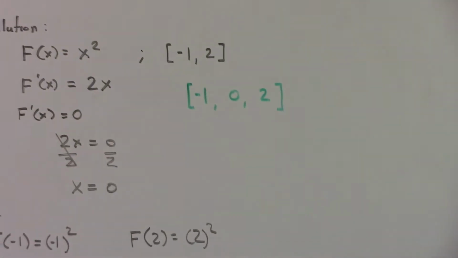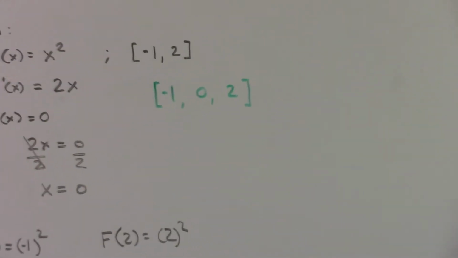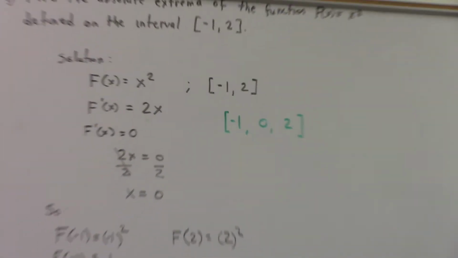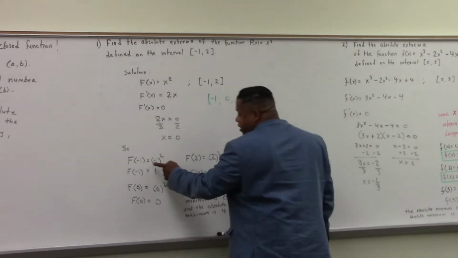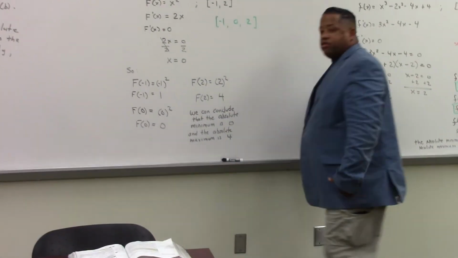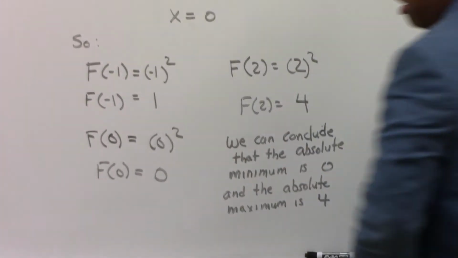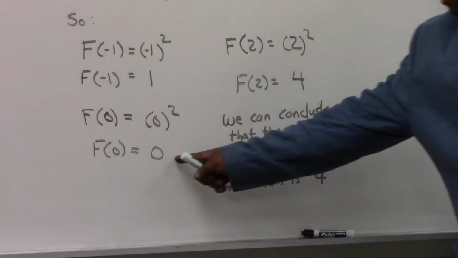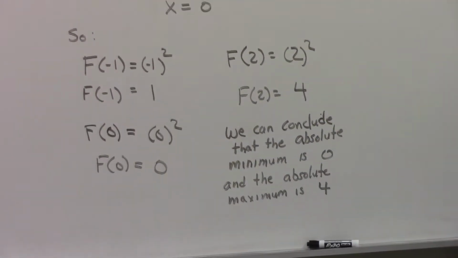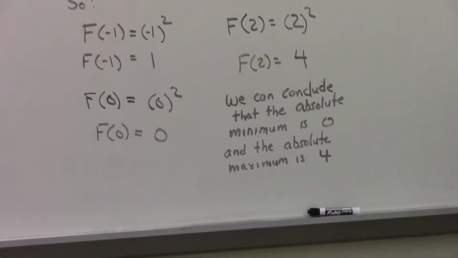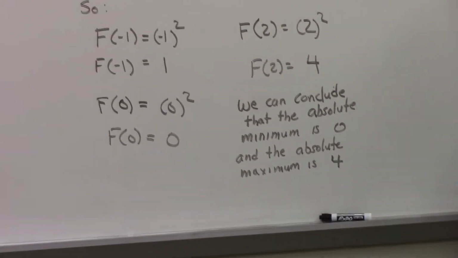So when we use this to calculate the absolute extremas, we want to plug it back into the original function. So f of -1 is going to be what? +1. And f of 0 will be equal to 0. And as we take 2, we'll substitute that into the original function, and we will get the answer 4.